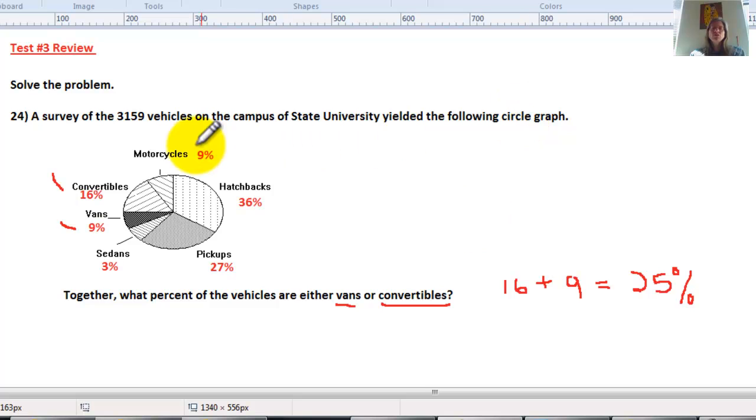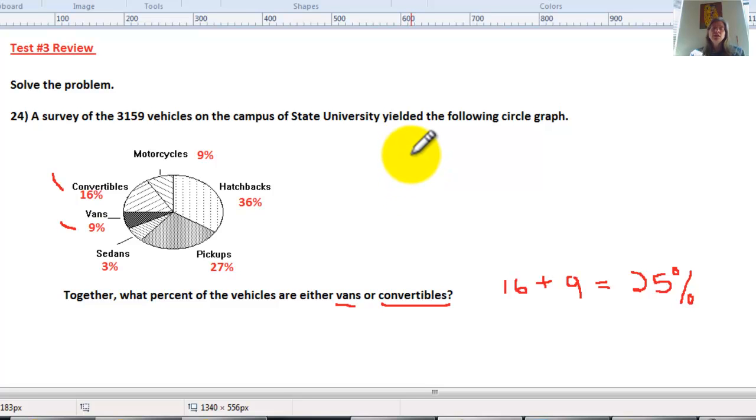Another type of question you would get with a graph like this would be how many. So let's say the question was how many vans is 9% basically. The way to solve that one is a little different.